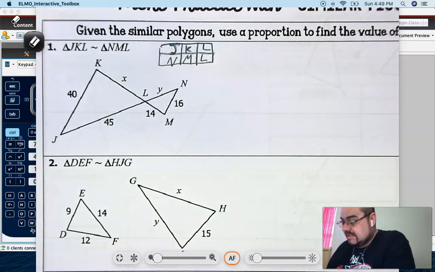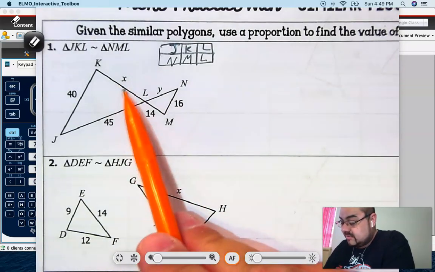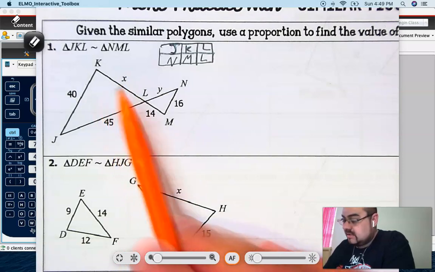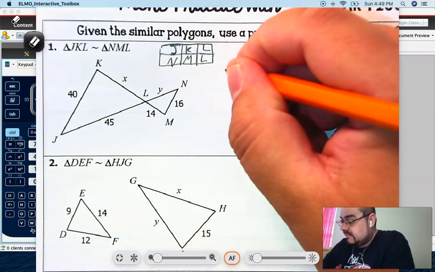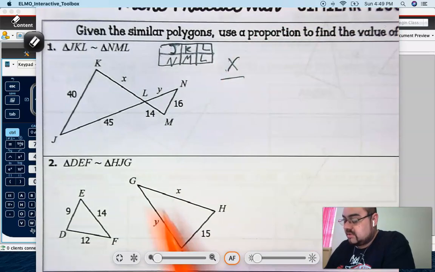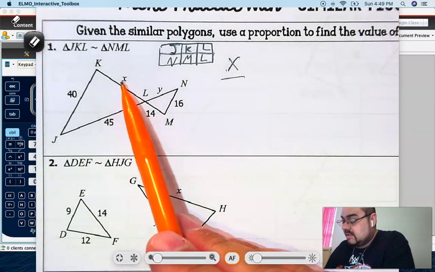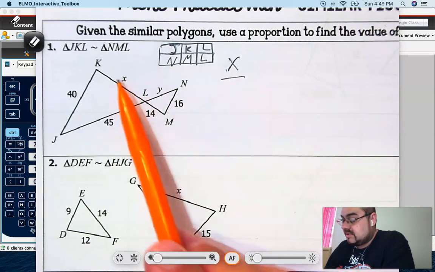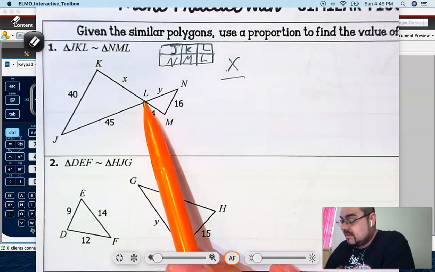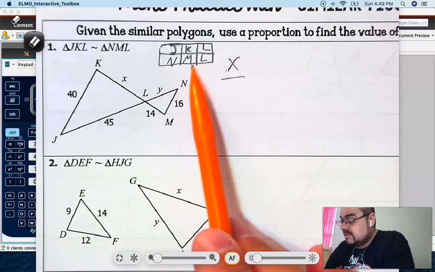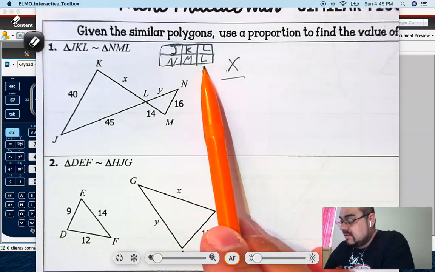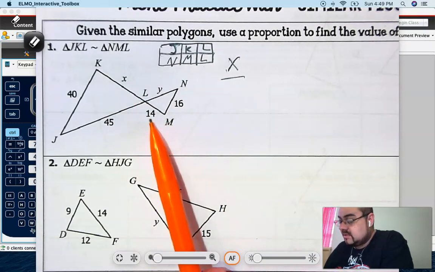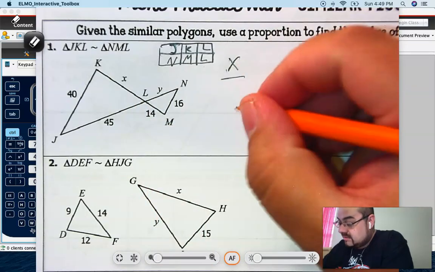First, I want to solve for x, so I'm going to work exclusively with x first. So x is going to be on this left triangle here, and I'm going to use that first in my proportion. I'm going to choose the corresponding side to go down here. So if x is part of KL, KL corresponds to side ML, and ML is right here. So the number that's going to go on the bottom is 14.